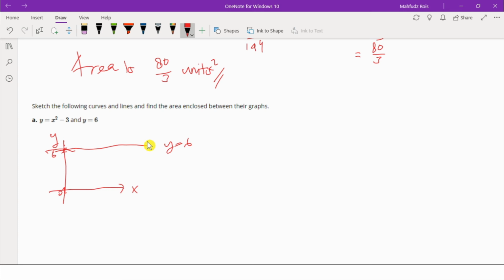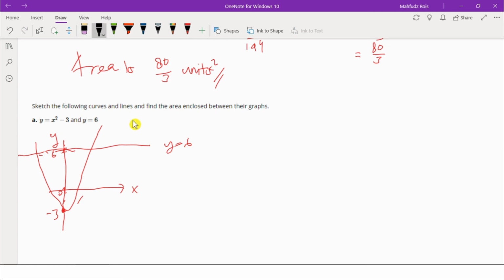And the vertex is 0, 0, but it's minus 3. It means we shift it down. So if 6 is here, minus 3 should be here. So it should be like this. Okay, so the vertex should be here. I'm sorry, my drawing is not good here.